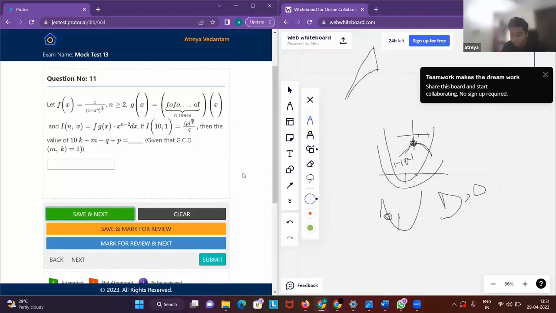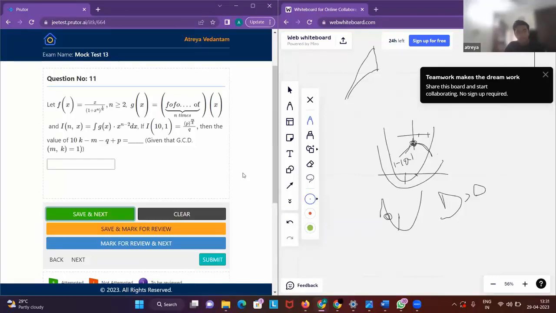So substituting both of them, 1 plus 10 the whole power 10 minus 1 by 10, which is 9 by 10, divided by n into n minus 1, 10 into 9, 90. So 11 power 9 by 10 divided by 90 is our answer.